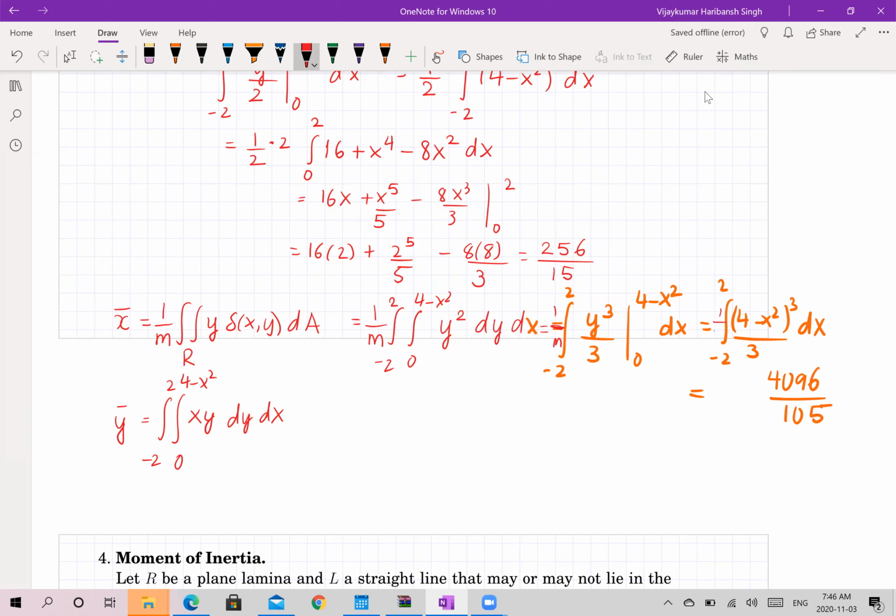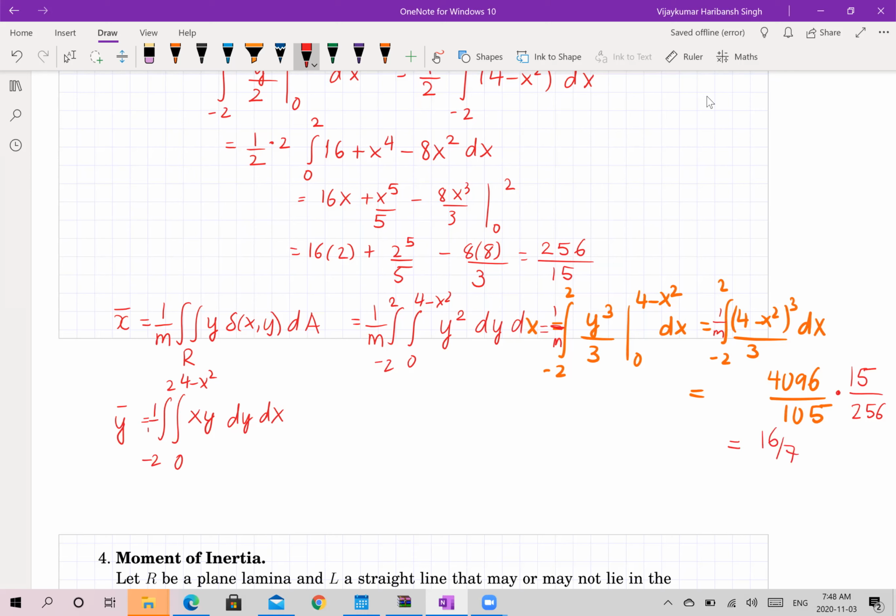This divided by 256, so multiplying by the reciprocal, 256 divided by 15, and that turns out to be 16 over 7.